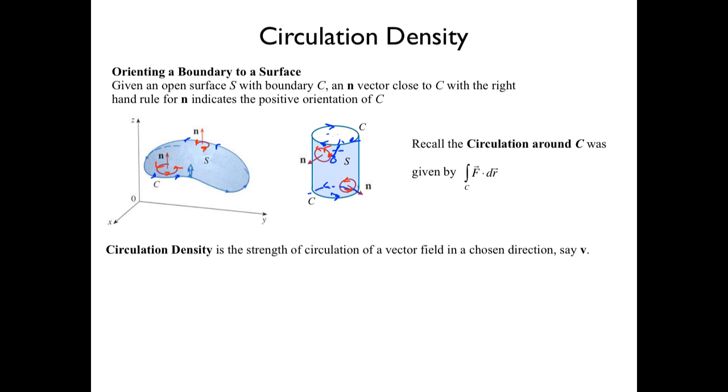Circulation density is the strength of the circulation of a vector field in a chosen direction, say V. So we use this notation for that. Circulation density, sub V, so that's the direction of the vector field F.